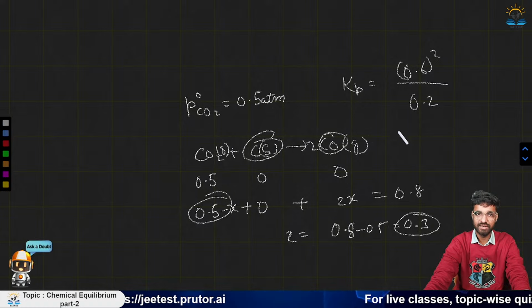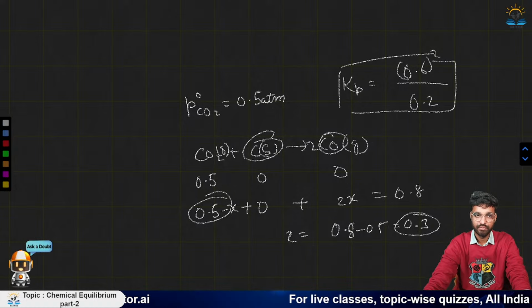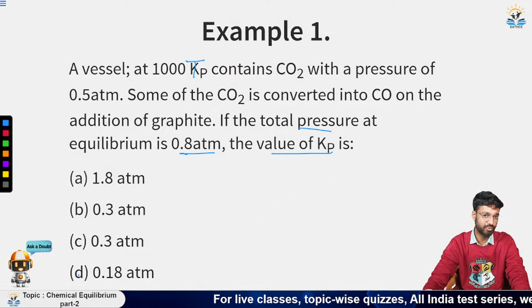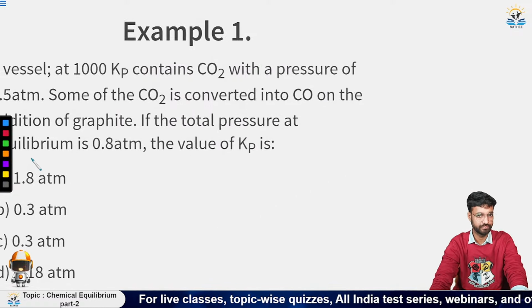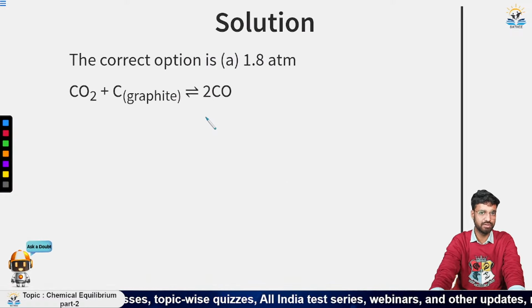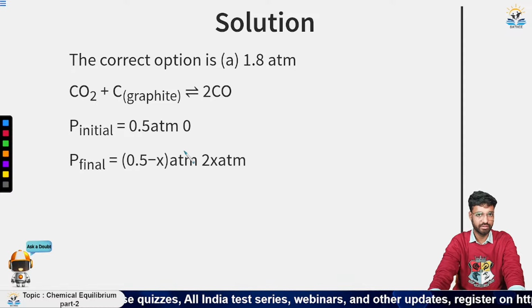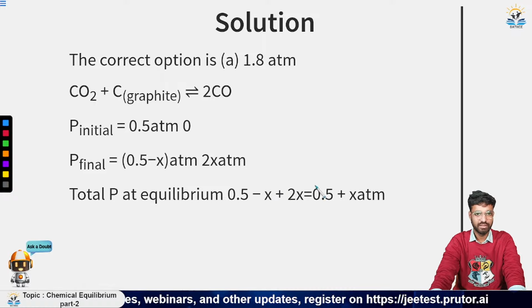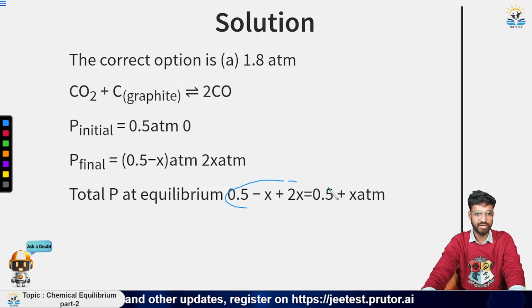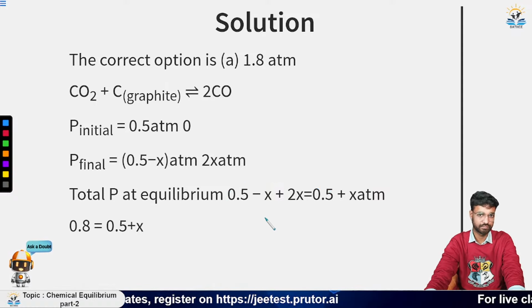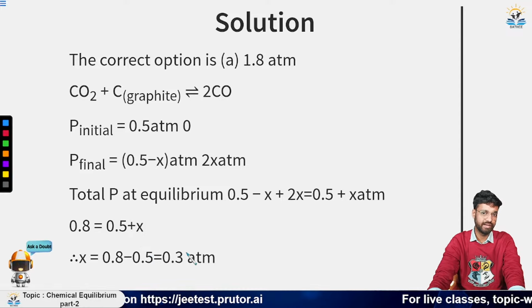So this is the final Kp expression we have here. If you calculate it, you will get 0.1 atm. The solution is given here also; you can see it. Okay, so initially it is 0.5, then some amount is reduced, then at equilibrium it is 0.8. So we get 0.3.